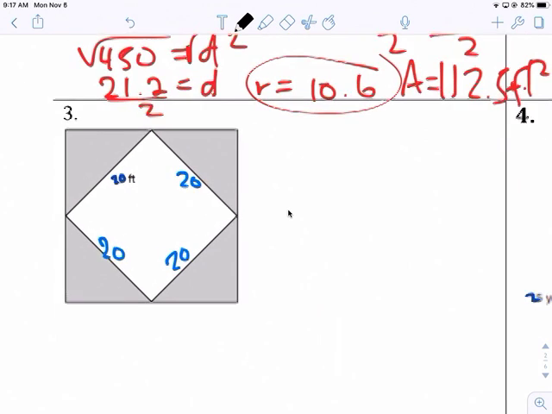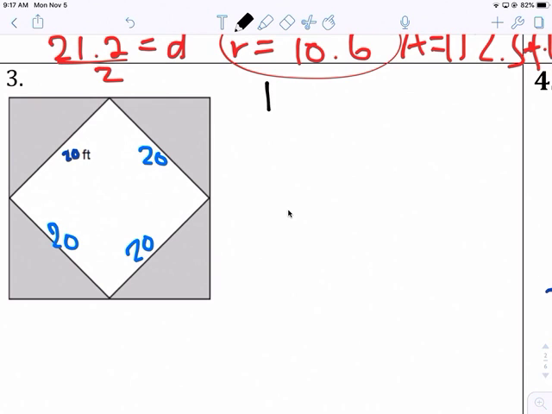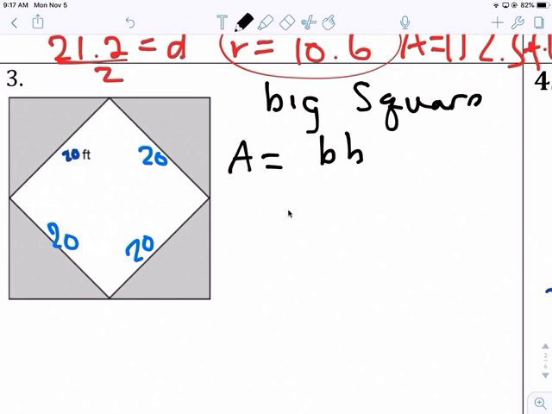Take the big square first, and it's base times height. This is the bottom part. This is the height. We don't have base or height, but they're the same side because they're squares. So what do we do?